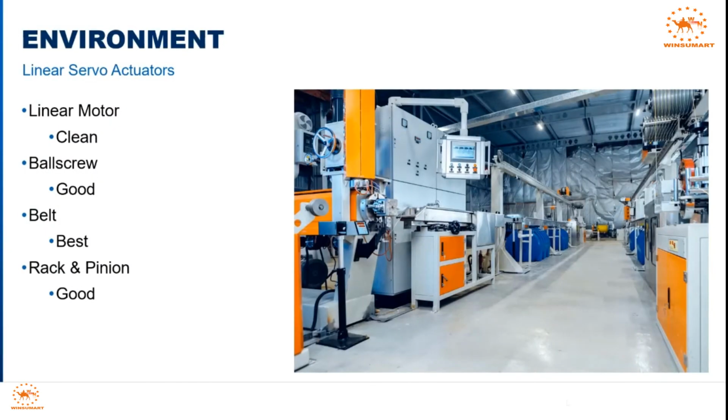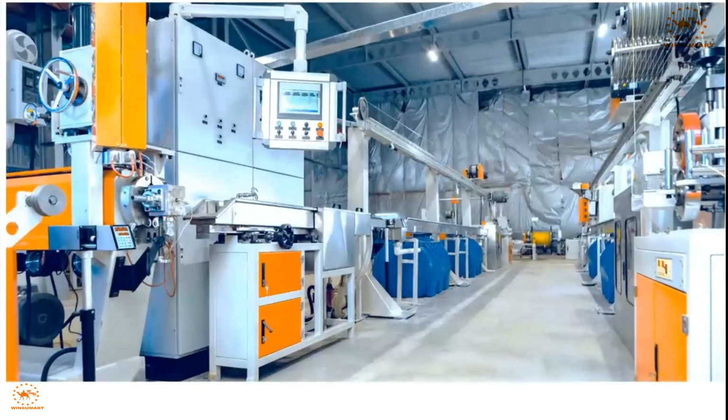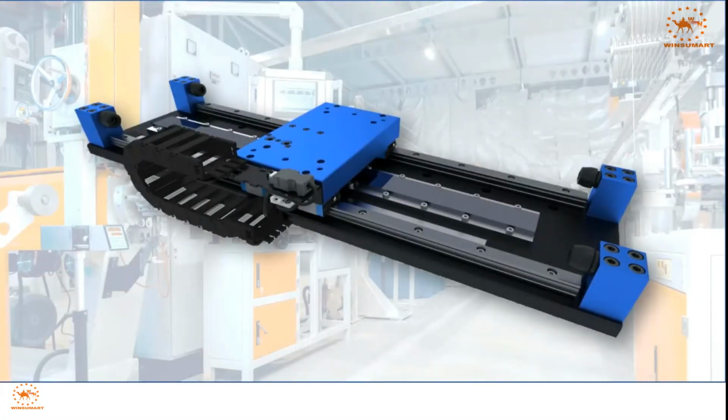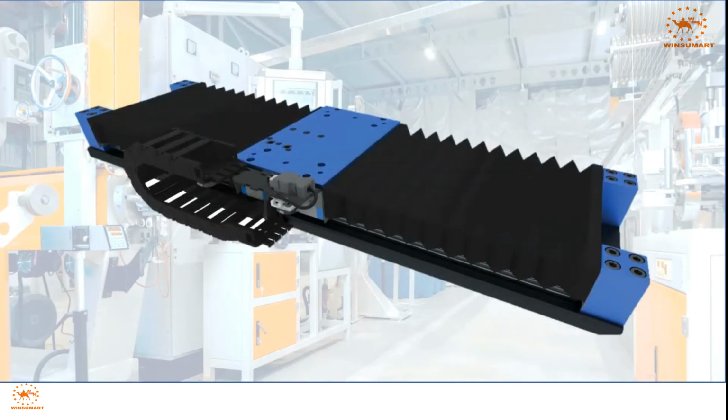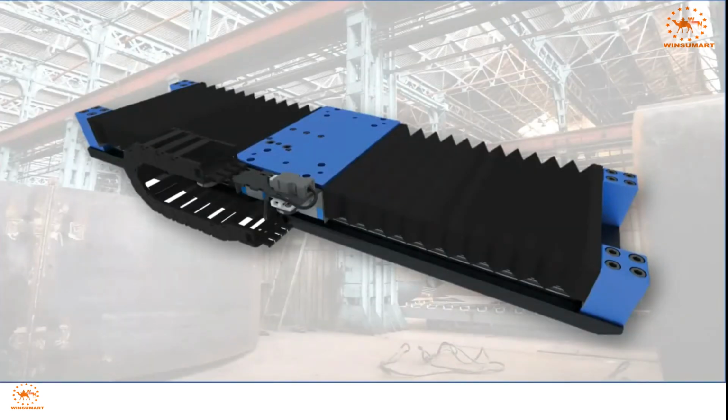Different mechanisms are best suited for different industrial environments. Consider the magnetic field of the magnet track of a linear motor, which may attract particles. A bellows protection system will help keep particles out of the magnet track. While linear encoders don't require a clean room, they do their best in a reasonably clean environment free of excessive dust and oil.